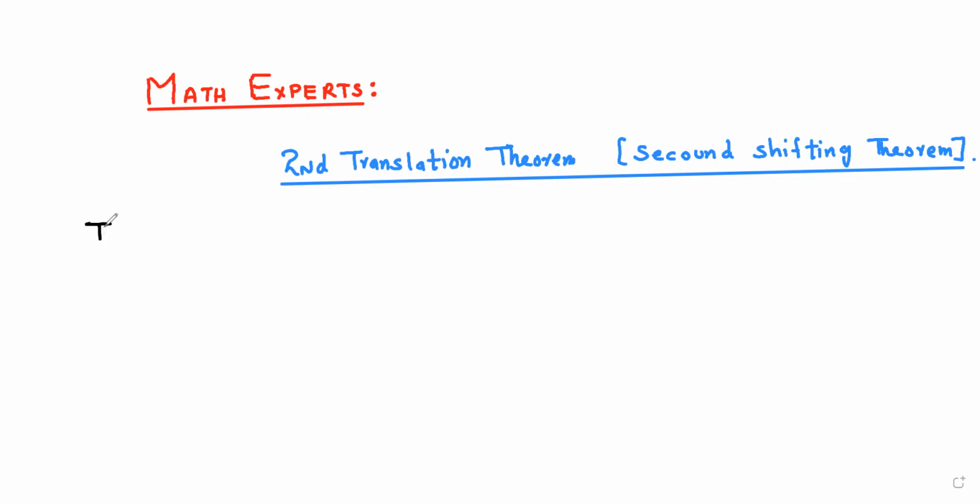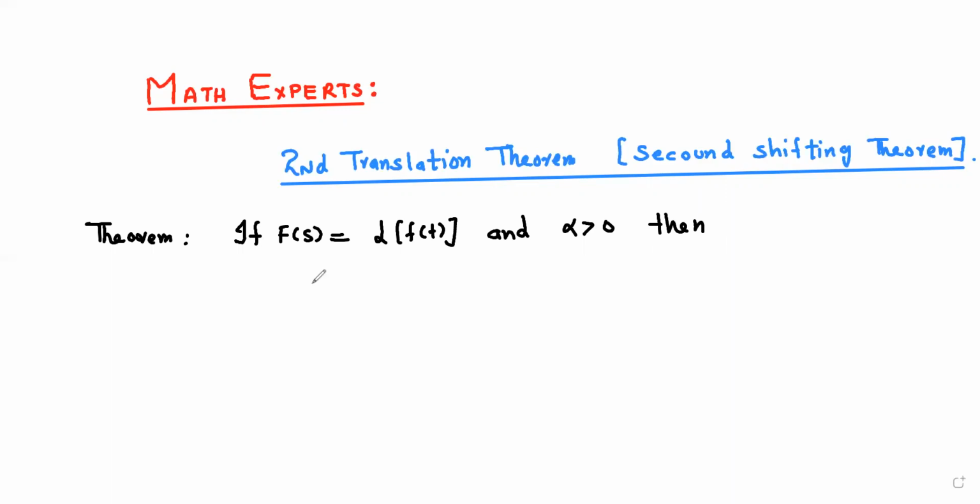The theorem statement is, if F(s) is equal to Laplace of f(t), and a is greater than 0, then Laplace of f(t minus a) u(t minus a) is equal to e raised to power minus as F(s).